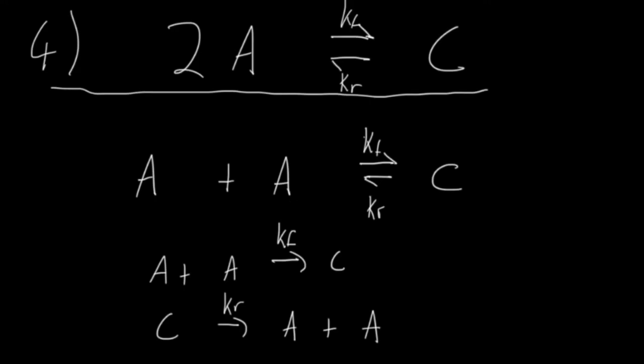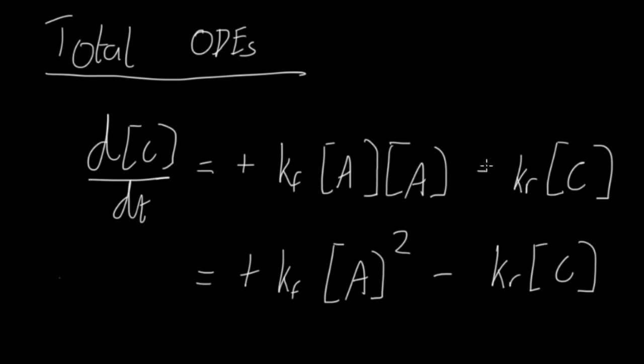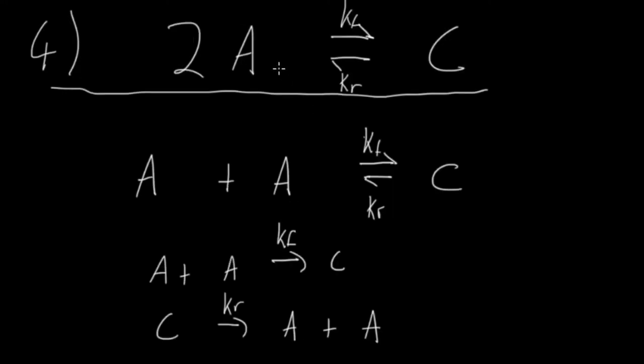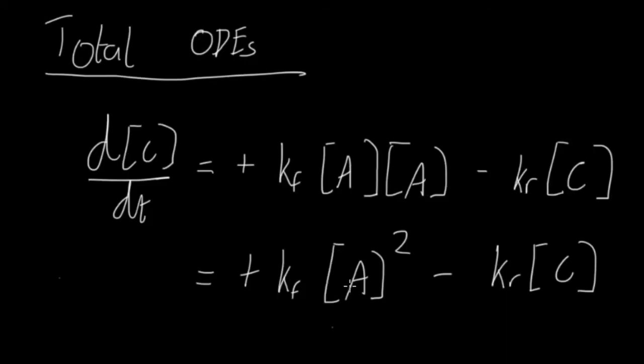And we can continue this arbitrarily. If we had 3A, it would be A plus A plus A, then we'd have Kf times A cubed. So what we can say, in general, is that the stoichiometric coefficient of a reactant will translate to the power that reactant is put to in the rate equation.